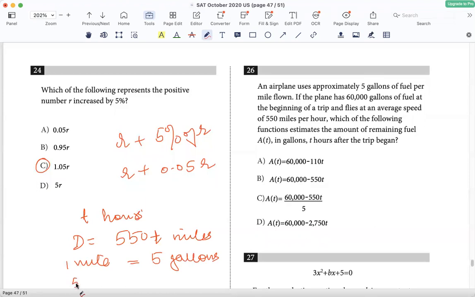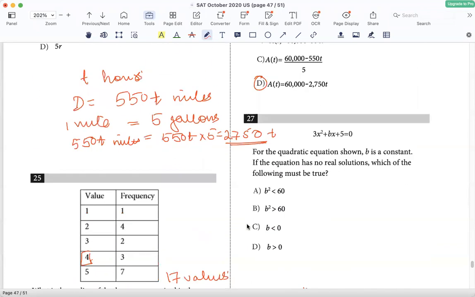So for 550T miles, it would use 550T into 5 gallons, which is 2750T gallons used. So it started with 60,000 and it used this many gallons. So how many left? 60,000 minus 2750T, option D.